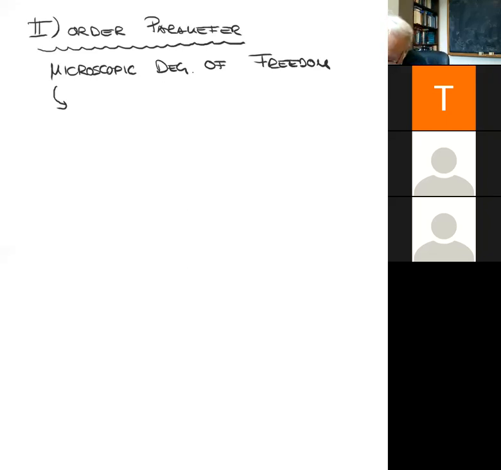So we construct from this some kind of coarse-grained observable. By coarse-grained, what we typically mean is that you take some large number of these microscopic degrees of freedom.